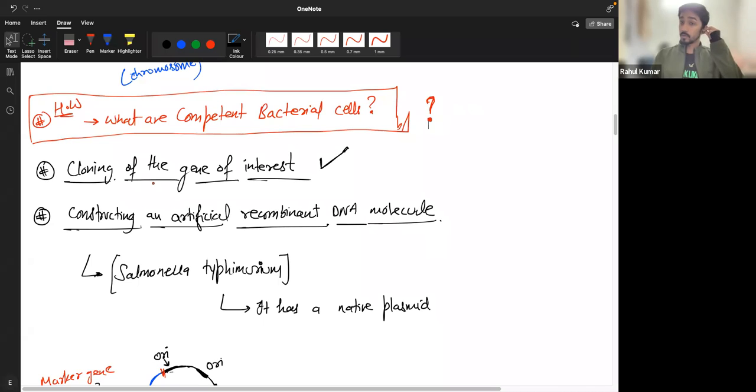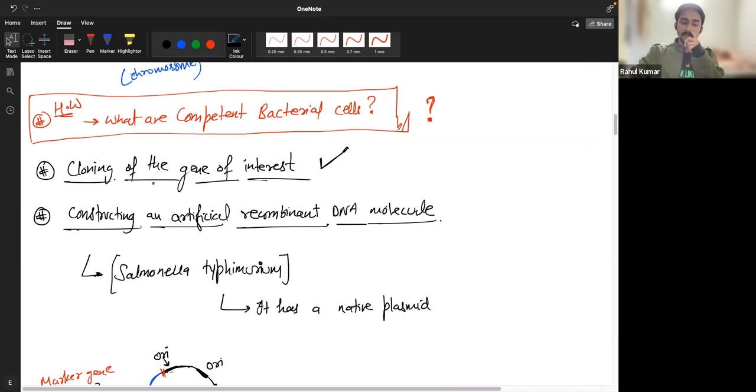We don't have to kill the bacteria. If they get killed due to heat, the whole process is gone. You just have to heat it, then cool it, and then again heat it. It's called heat shock. And due to heat shock, the pores open and the plasmid enters. That's all we need.